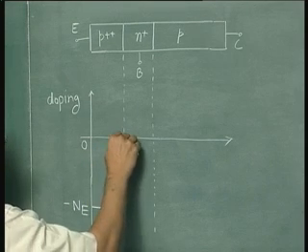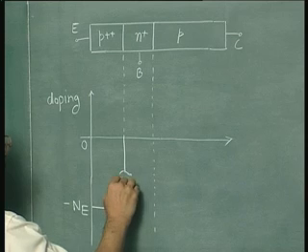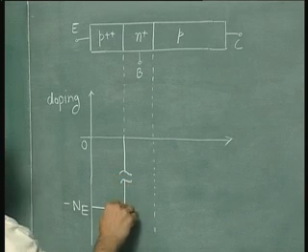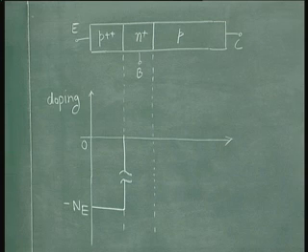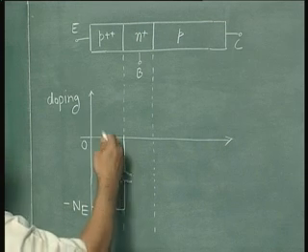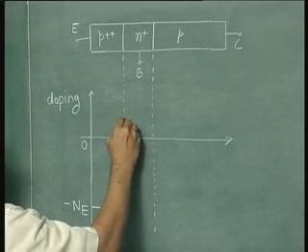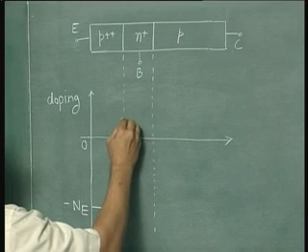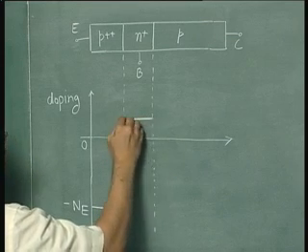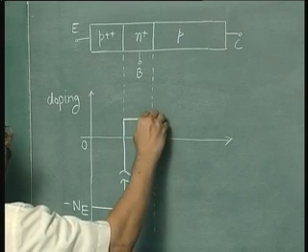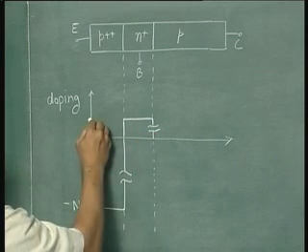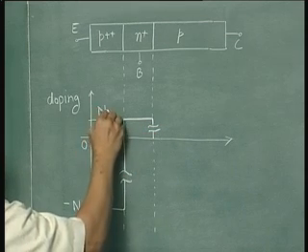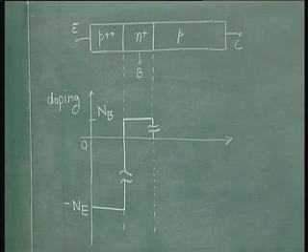So we show this by showing a cut here, because we are drawing the doping on a linear scale. That is why we are able to show the polarity. So here it can be shown something like this. So here also we will show a break, and this doping is N_B, the base doping.